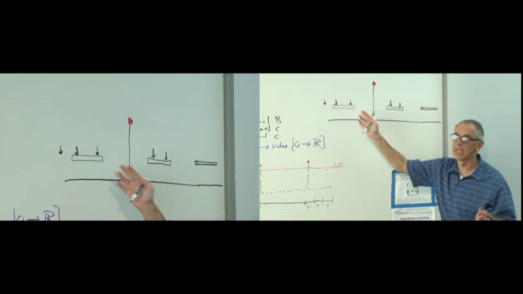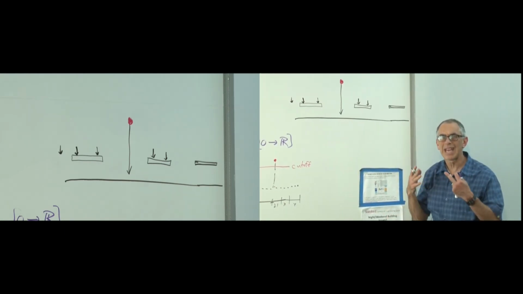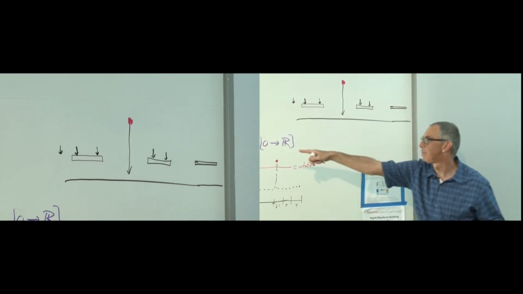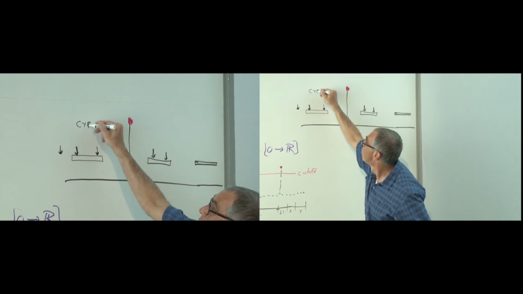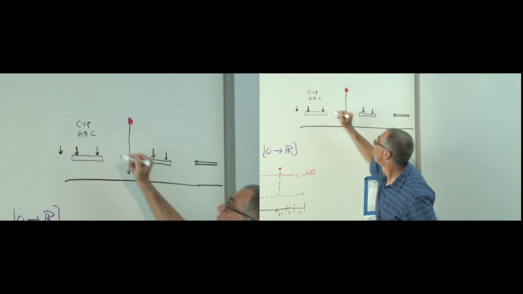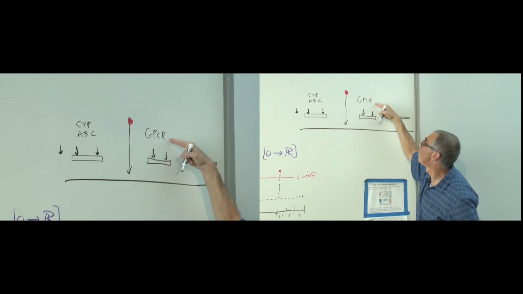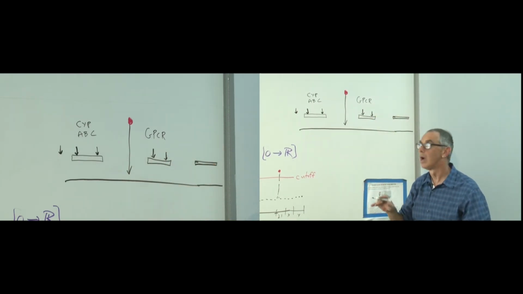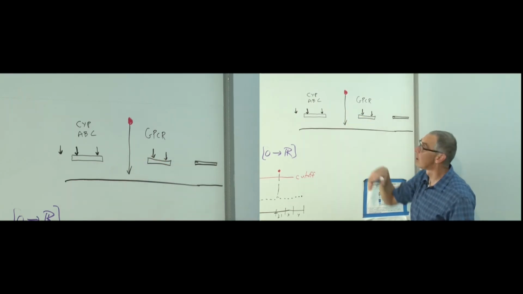So you look at these genes, you say, what is their function? Do I know anything about this gene? Does it make any sense for this gene to be involved in the response to that drug? Well, if this is a cytochrome or a transporter, or if this is a G protein coupled receptor that is known to bind to small molecules, then you get excited and you say, oh, this is the tag SNP. These are the SNPs that might be the causal SNPs.